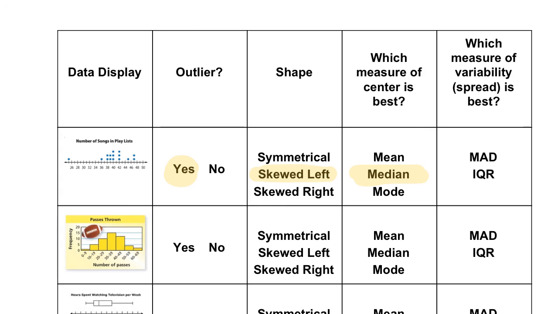Which measure of variability or spread is best? If I want the median, so I go back to what I do for my center, the median goes with the IQR. So guess which one, if you choose mean, is going to go with that? The MAD. Because mean and MAD go together and median and IQR go together.